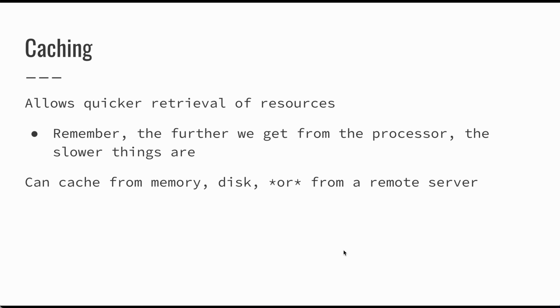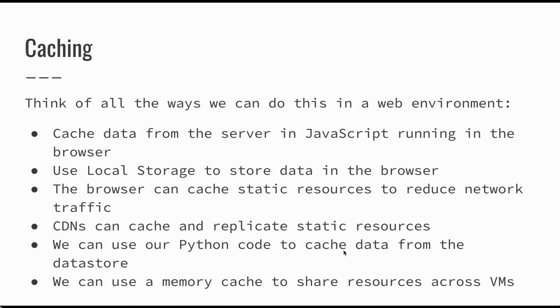So there are a lot of different options for where you can cache data, where you can pull that in, and where you can store that locally, either in your application's memory or some other mechanism so that you can access data even more quickly. There are a lot of different ways to do this in a web environment. You could cache data from the server in your JavaScript, so you could load some data into your JavaScript, keep that as objects, and display it on the page as you need to. You can use local storage to store data in the browser, and we're going to get to that at the end of this presentation.